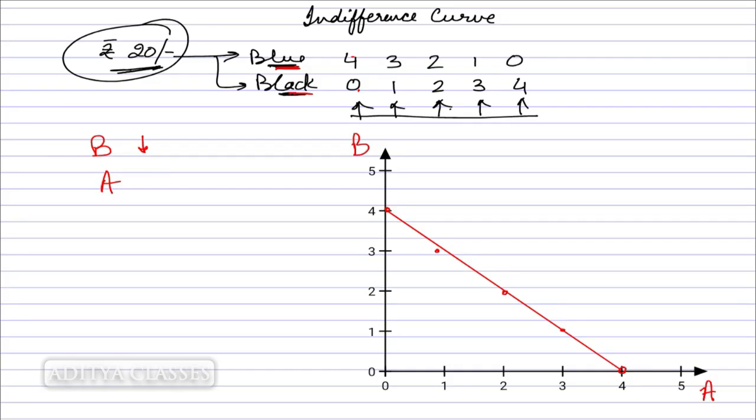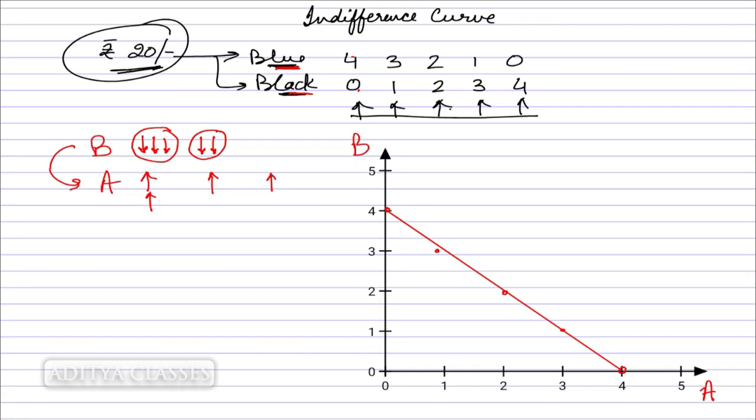is more initially. Initially, you are ready to part with higher quantities of B for a single quantity of A. But as you go on replacing B by A, as you keep on giving up your B for A, soon a time comes when you are not ready to part with so much of B. A time comes that I am ready to part with only two of the B's.